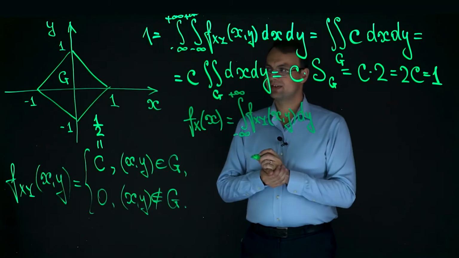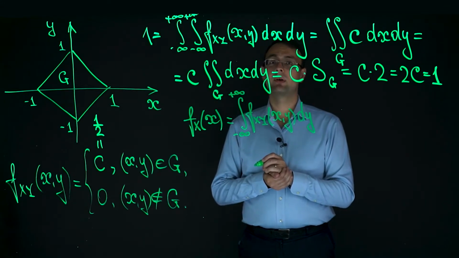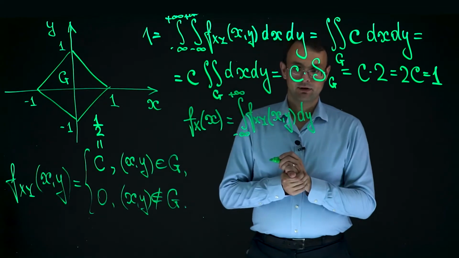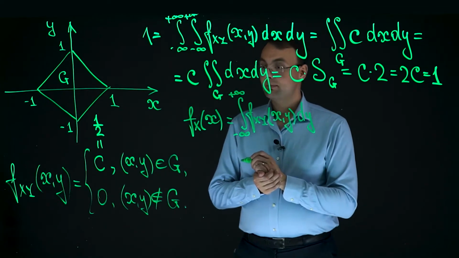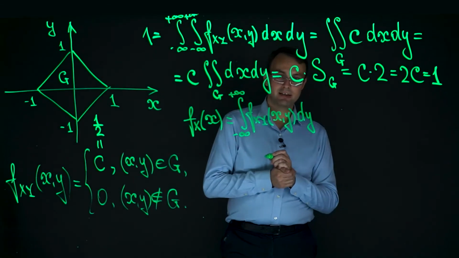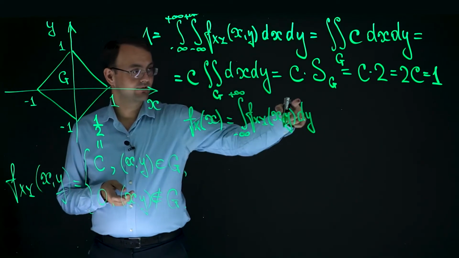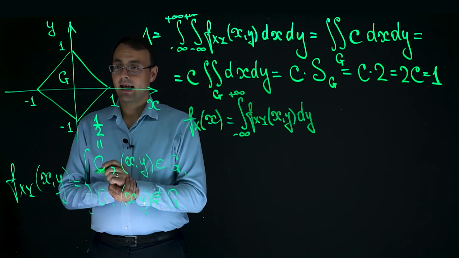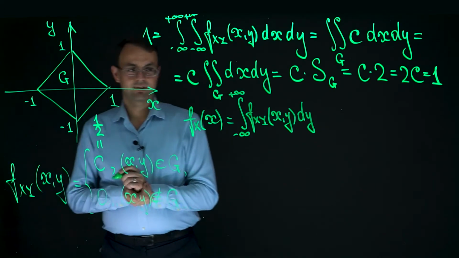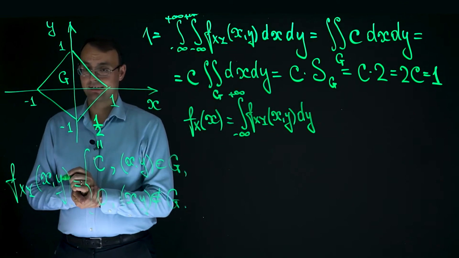This is probably the most difficult part of this example. What are the limits of integration here? We are integrating our function over y, so we have dy here, and we see that the limits of integration actually depend on x.